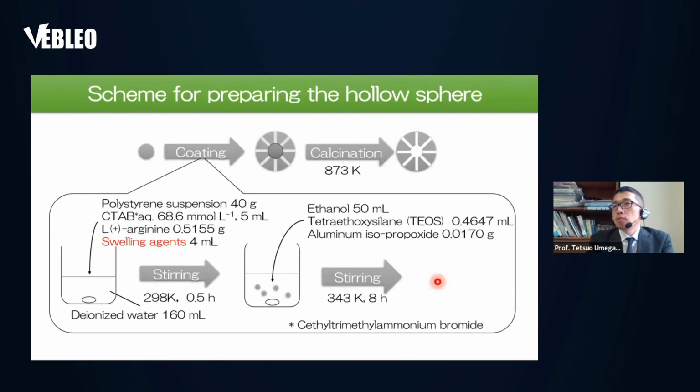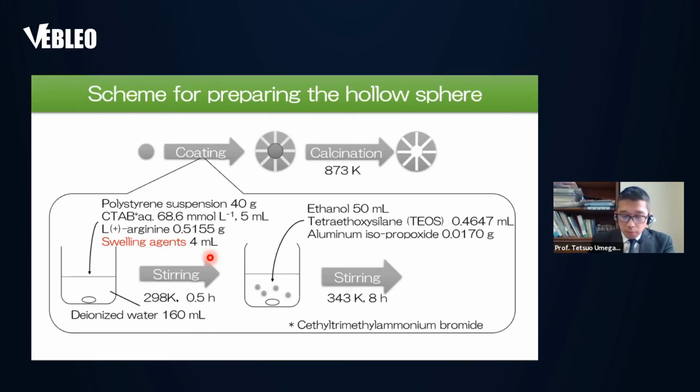For the preparation, we added swelling agents in the initial step for preparing the hollow spheres, and the other following steps were the same as the process to prepare the hollow spheres without swelling agents.